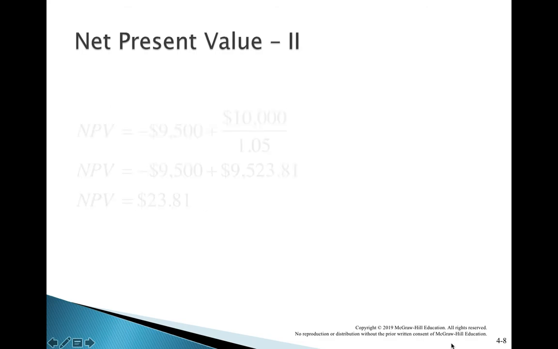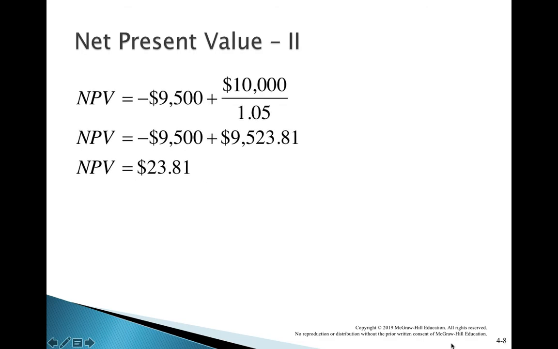Today's value is the present value. So minus 9,500 plus 10,000 after 1 year divided by 1.05, which is 9,523.81. So the net present value is 23.81.